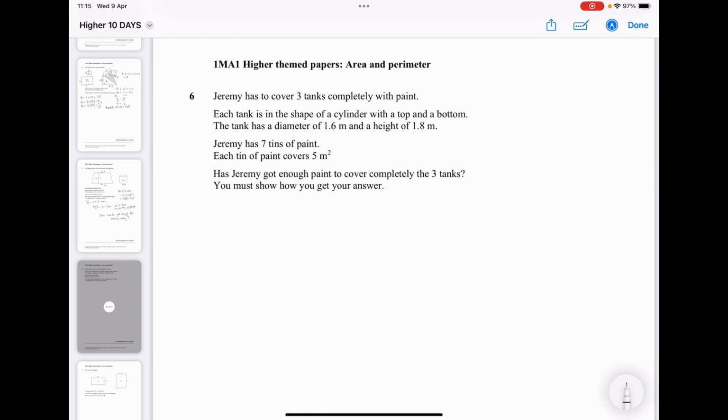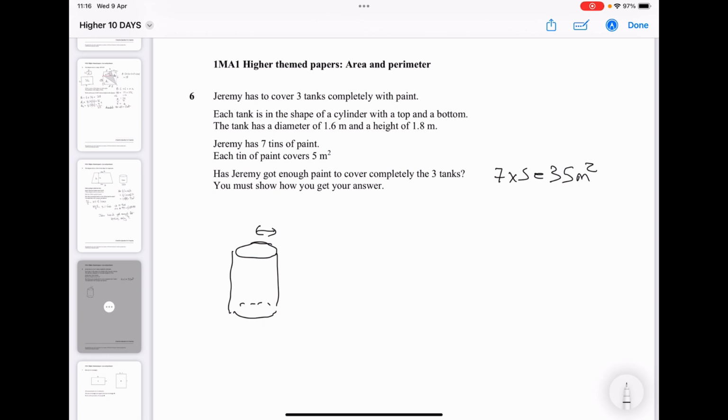First of all, look for the easy mark. He's got 7 tins of paint. If you do 7 times 5, 35 metres squared, there'll be a mark in there for that. So then I've got to look at my tank. I'll do a bad little sketch. Remember that we have a diameter.